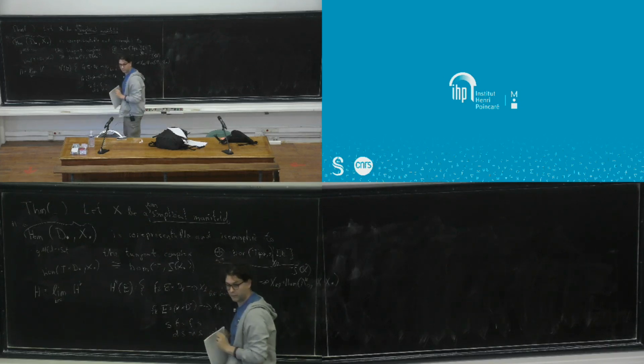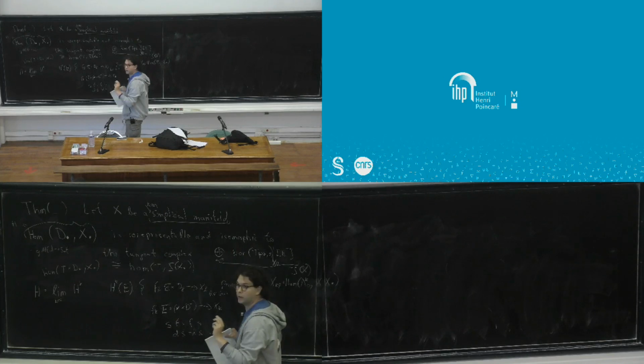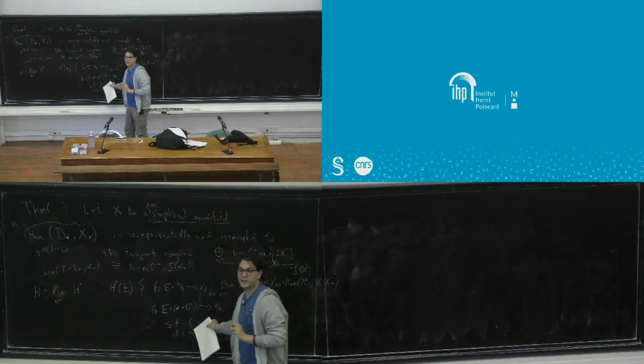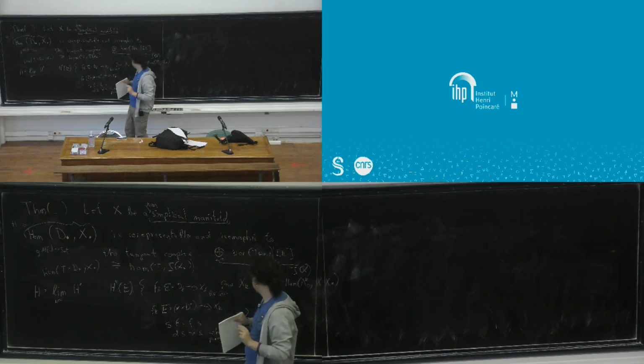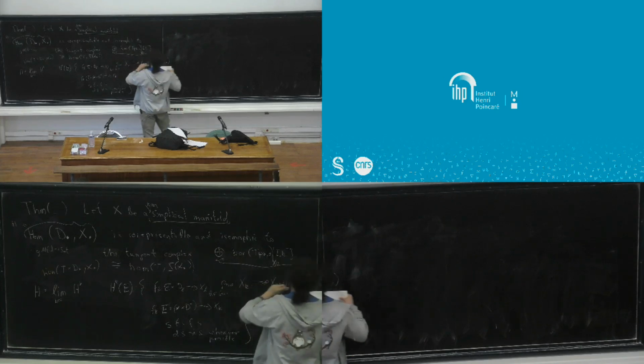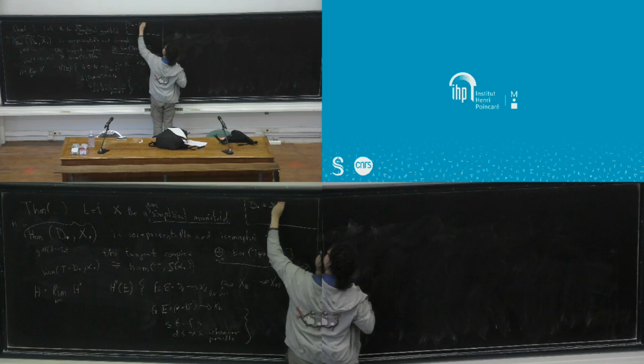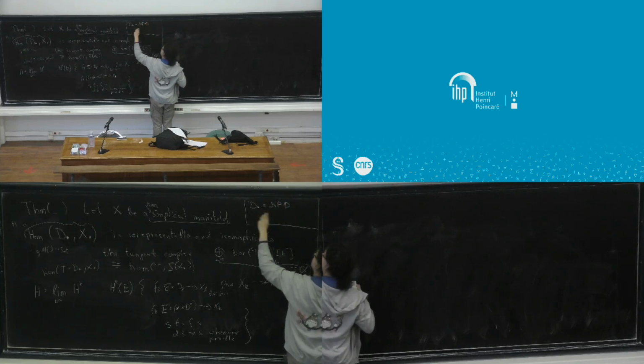Those are degeneracies and face maps. And D_l is what? D is that thing. Yes.